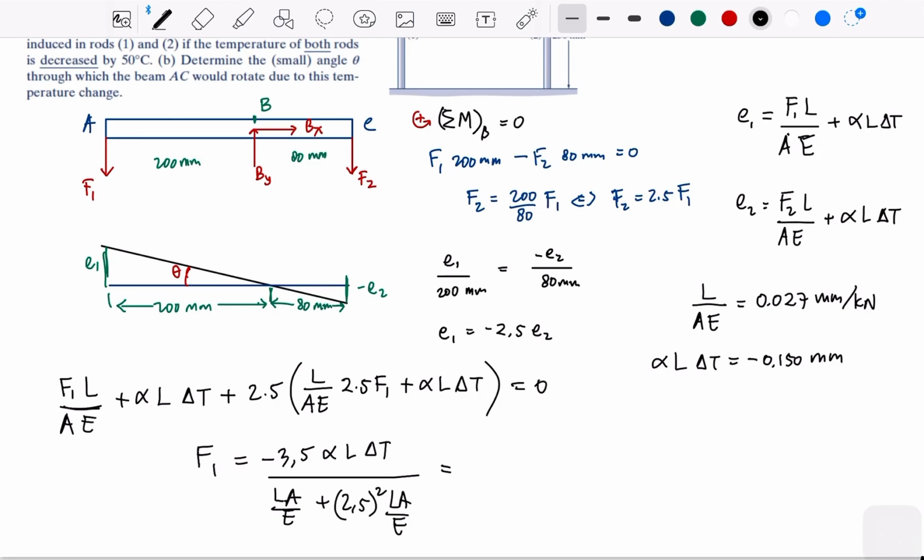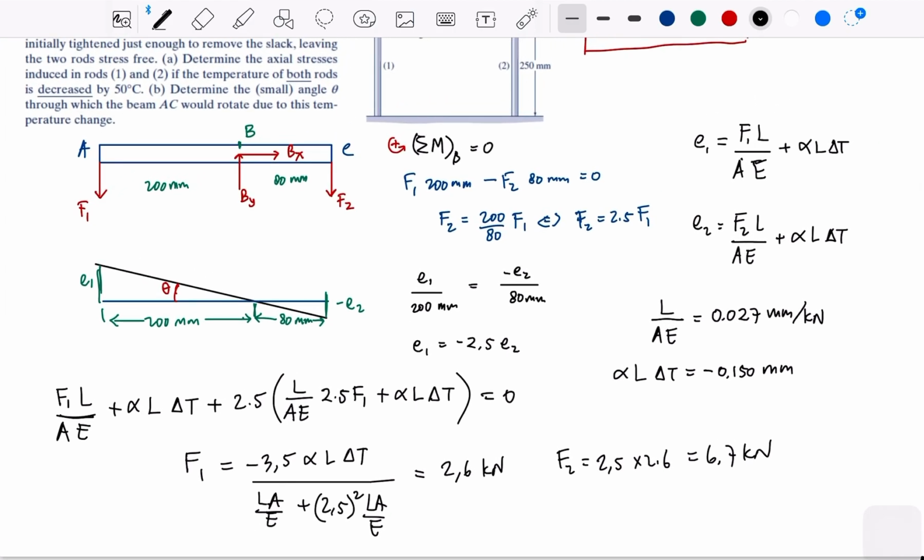Okay. Then F1 is 2.6 kilonewton, and F2 is 2.5 multiplied by 2.6. This is 6.7 kilonewton.